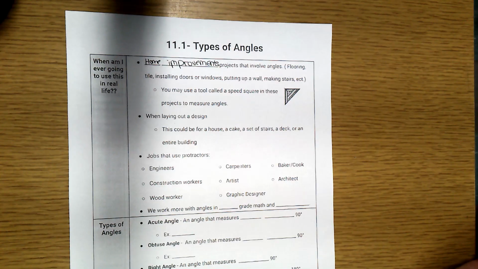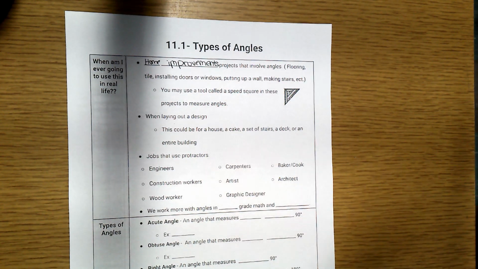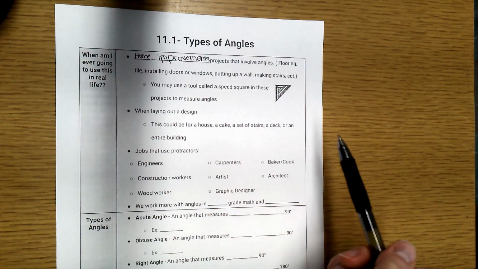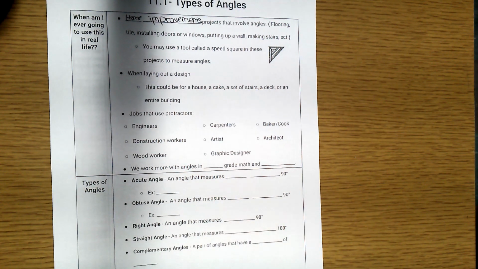Also, when you're laying out a design, so in a house, like we said, a cake, if you want each layer to be nice and square, each one is 90 degrees to each other. Sets of stairs, a deck, an entire building, all of those layouts, you want to carefully look at angles to make sure everything's going to line up correctly.